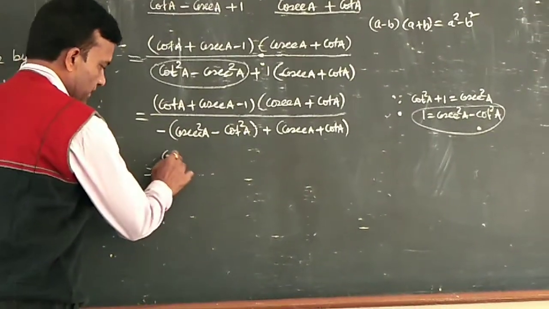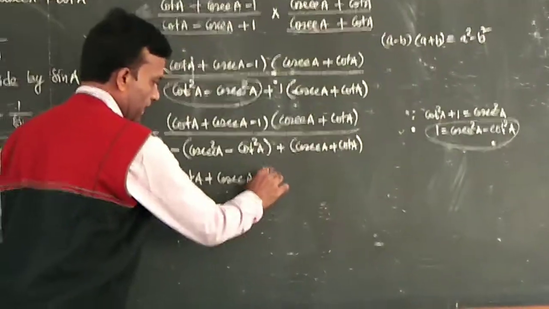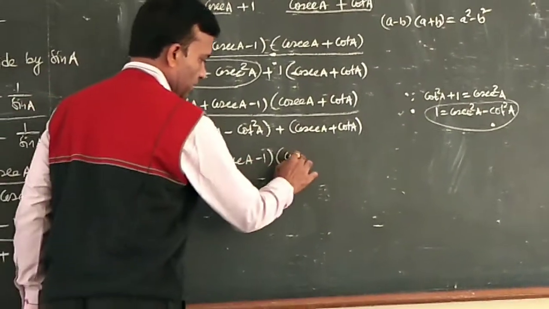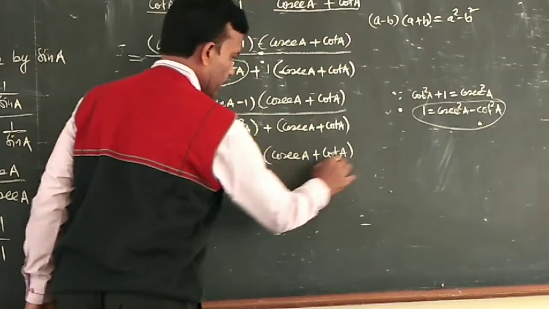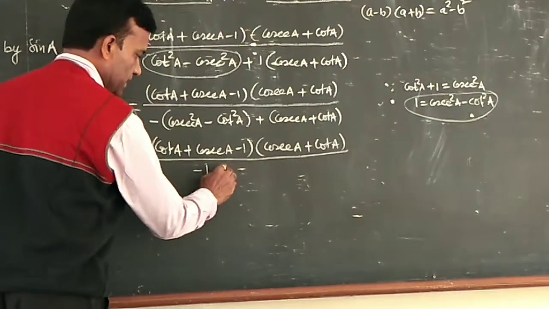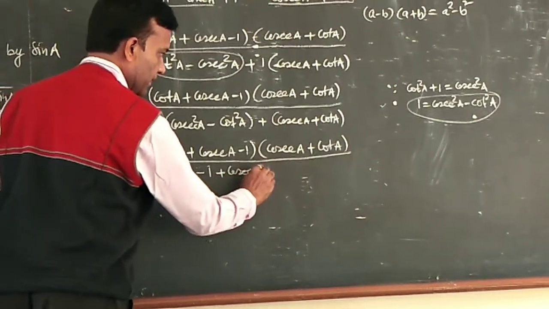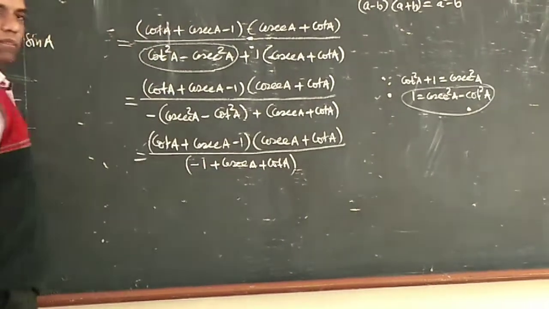Okay, you put it as cot a plus cosec a minus 1 and cosec a plus cot a upon minus 1 plus cosec a plus cot a. Okay, you put bracket here now.